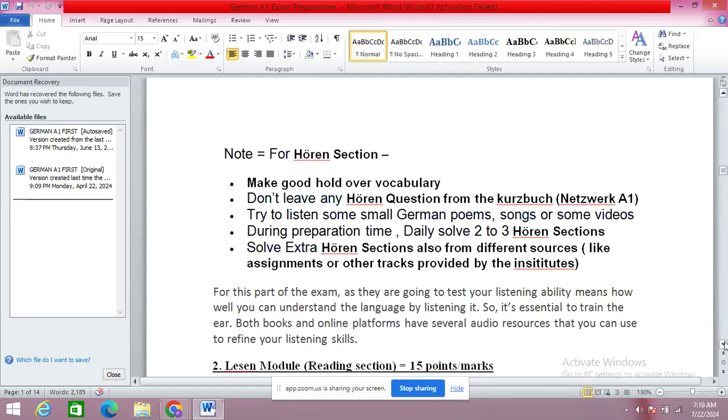Like in our institute, we always solve every question in our course book. So you have to solve that course book. And during your preparation time, solve at least 2 to 3 full Hören modules, meaning questions 1, 2, and 3, at least 2 to 3 times. Three types of different questions you need to solve in a day.